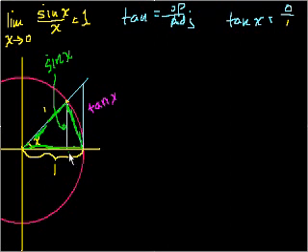Well, that's going to be 1/2 times base times height. So it's 1/2 times the base, which is 1. Right? It's this whole triangle. And then what's the height of it? Well, we just figured out that this height right here is sine of x. So that's this green triangle here, right?